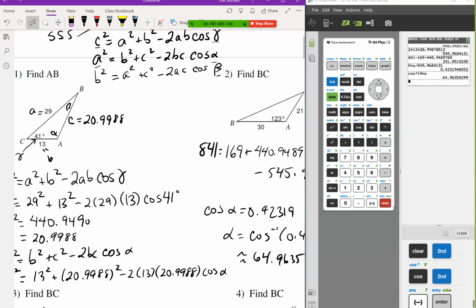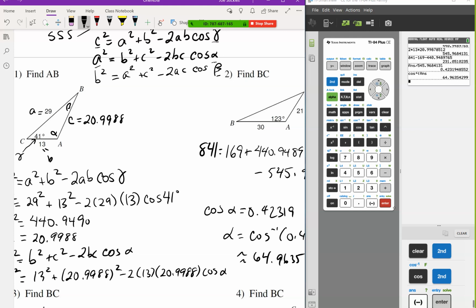And now I can finish off solving the triangle because we know one angle is 41 and one angle is the 64.96, and we should be able to figure out the other angle by doing 180 minus that.